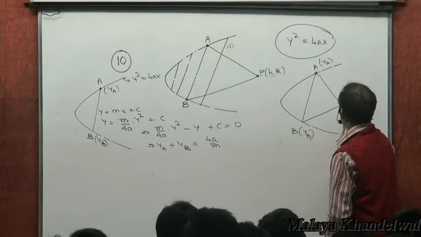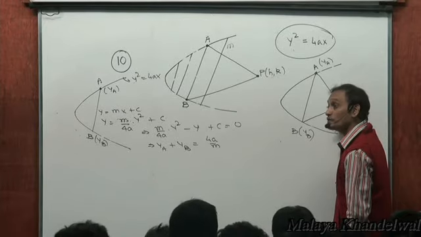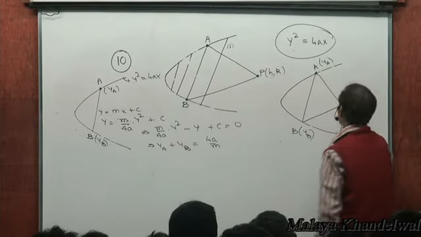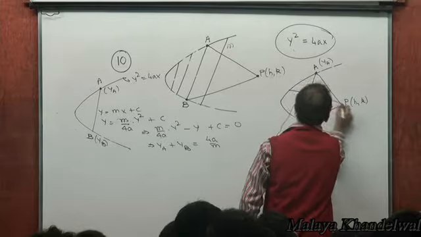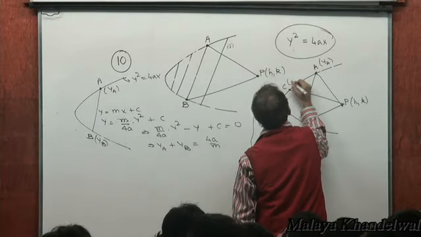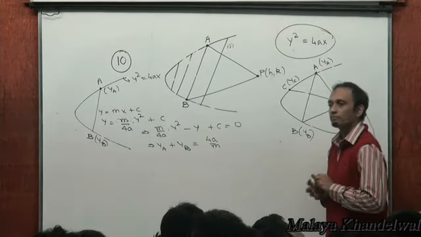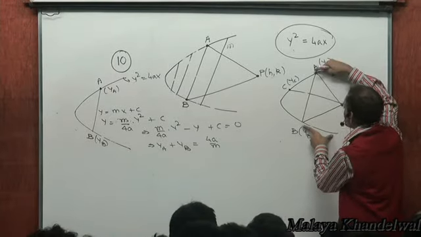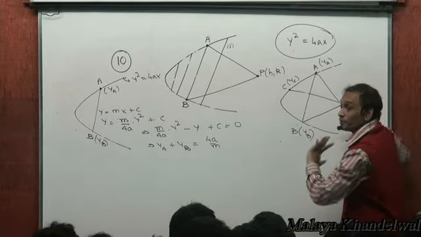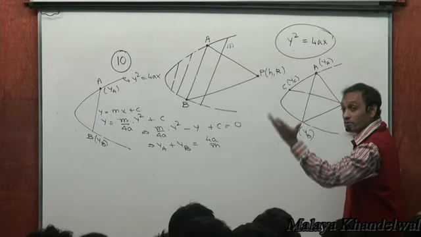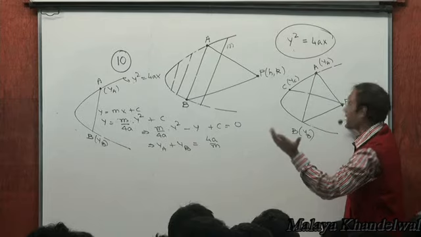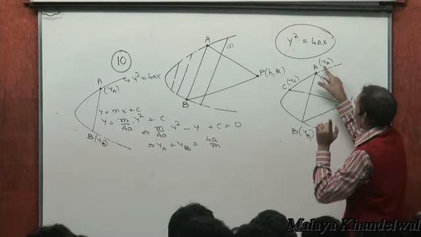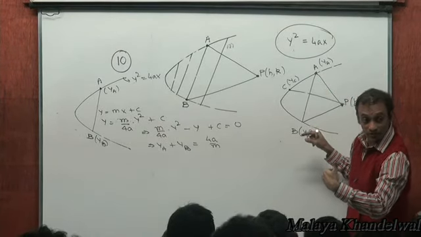Now, from this point P, a third normal could be drawn. And this third normal would be at some C, which would be y equal to yc. Yes or no? Yes, from this point where the normals intersect, a third normal could be drawn, because in general from a point 3 normals could be obtained to the parabola. Now, A, B, C therefore are co-normal points.